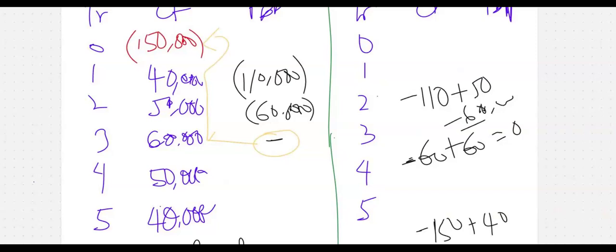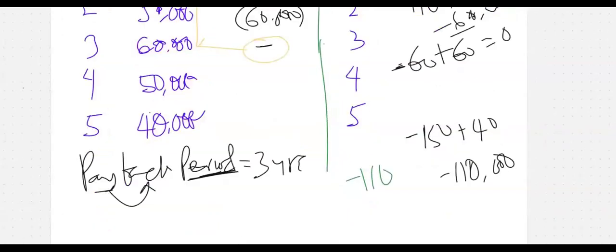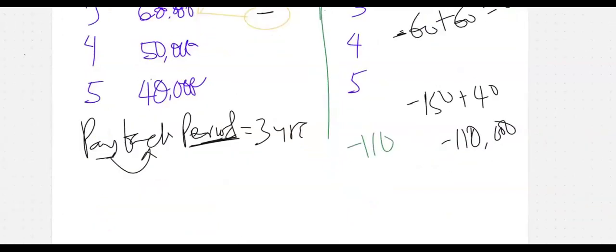So it means that we fully paid back the 150,000 in the third year. So it took us 3 years to pay off the money. So for project A, it will take us 3 years to pay back.